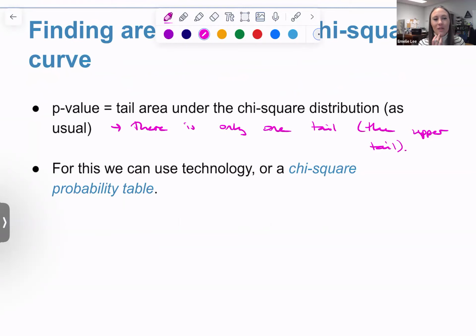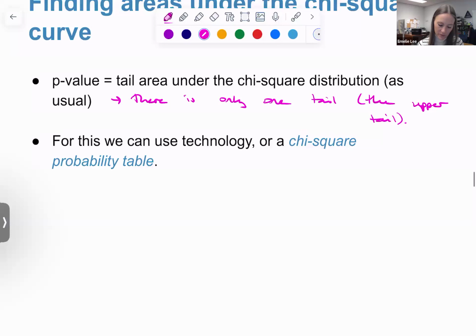We're not really worried about one-sided, two-sided anymore because we're always just going to have that tail area as our p-value. And our alternative hypothesis is always just going to be the negation of the null hypothesis, right? And so we can use technology. We can use Excel to find the probability, or we can use a chi-squared probability table.